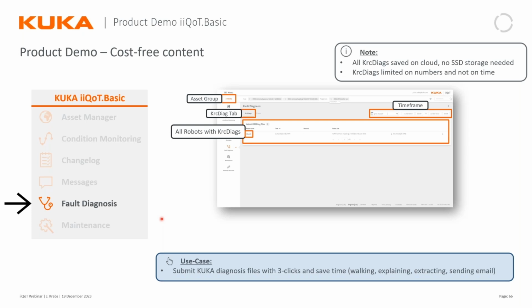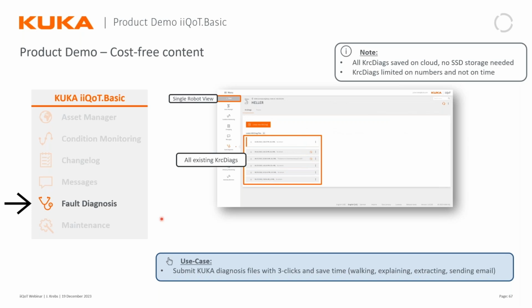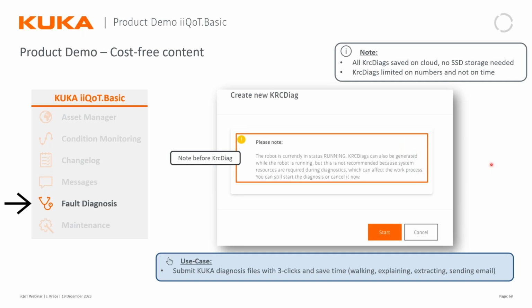And if I click on the specific robot name, then it will throw me into the single robot view. And here I do have all existing KRC Diags and the possibility to pull a brand new KRC Diag.